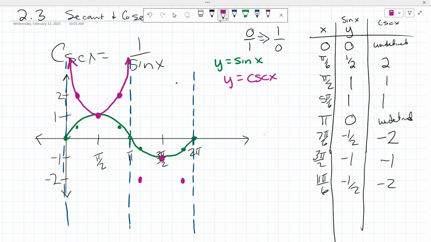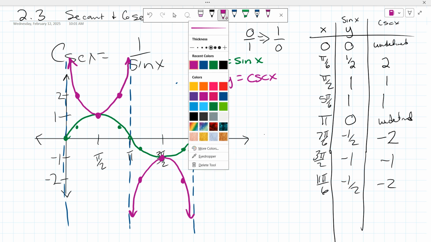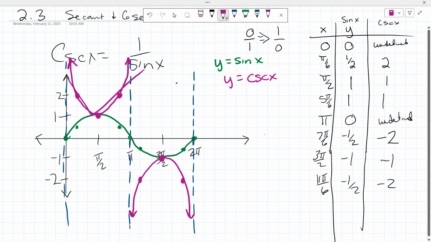They go until there, up, go until there, down. Now, do not just go like this, because that's wrong. A V is wrong. They're a parabola-shaped graph that goes towards the asymptotes, but do not cross your asymptotes. Okay? So that's what y equals cosecant of x looks like.